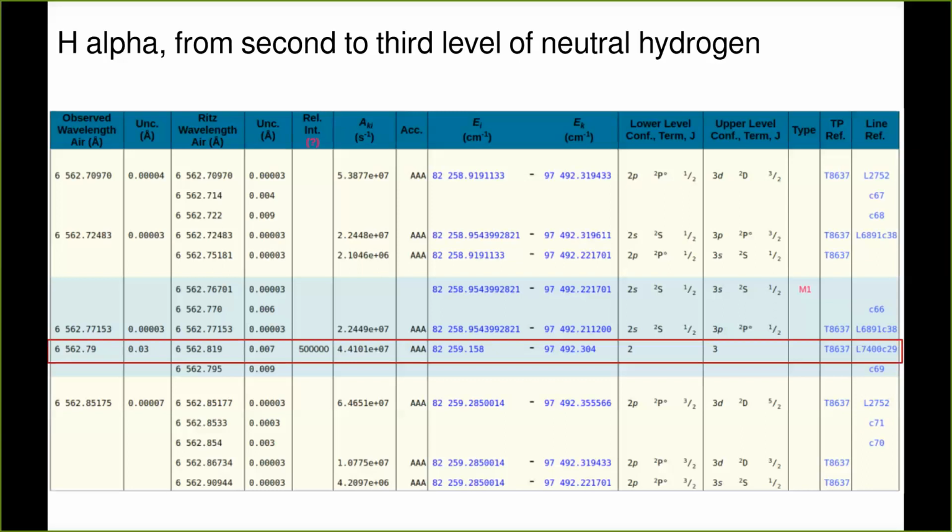So if this is n equals 2, the degeneracy is going to be what? 2n squared. So the degeneracy of this level is going to be 8, and this level is going to be 18. Which means that I can put the electron there in 8 different ways, and here I can put the electron in 18 different ways.